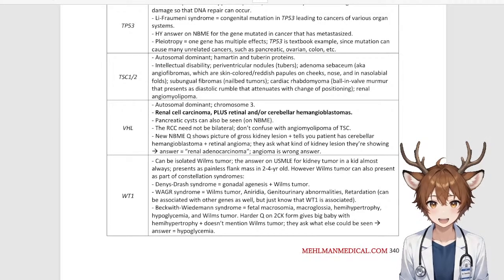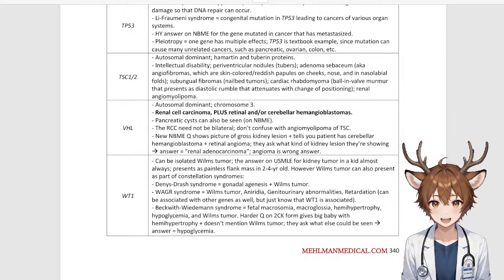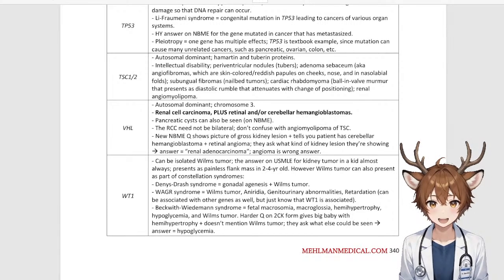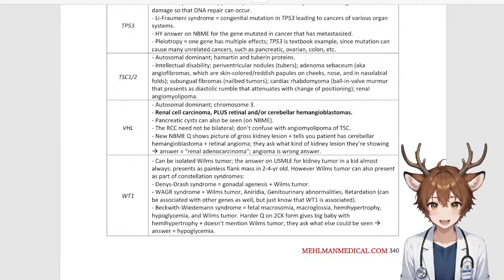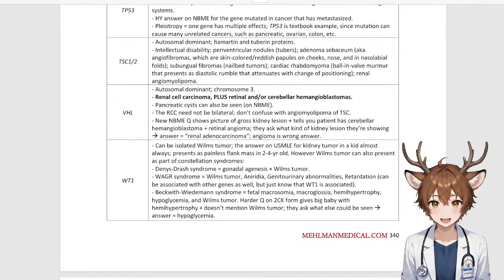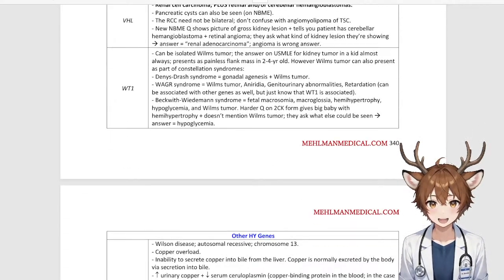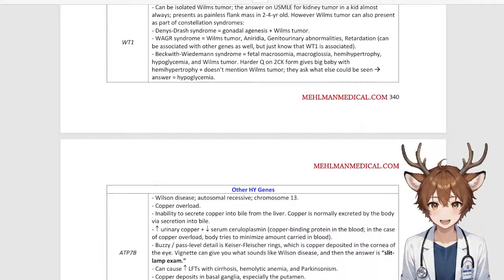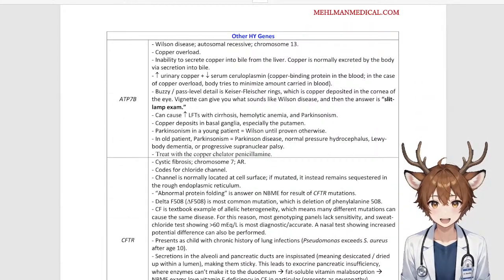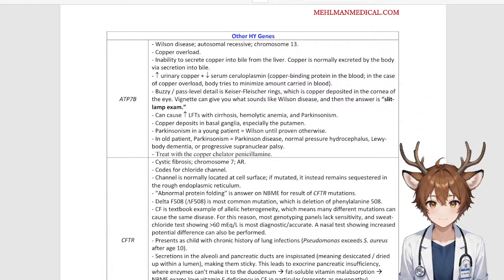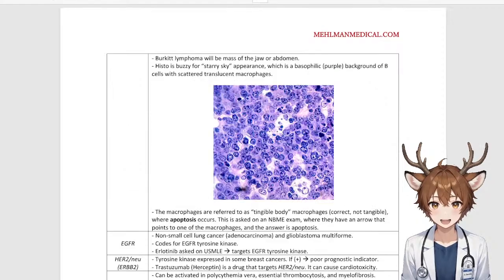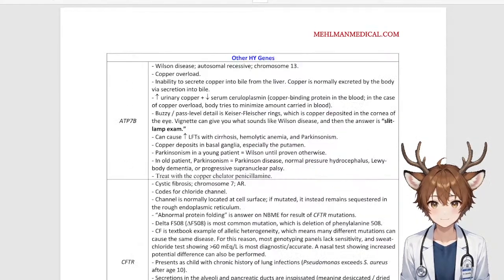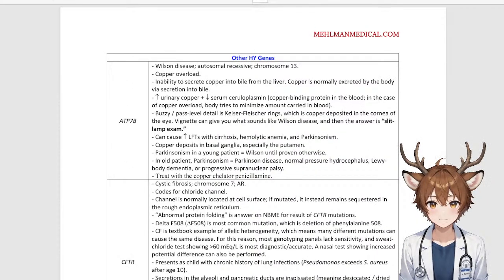So remember, TSC1, tuberous sclerosis complex. And what they're describing in the book here is kind of what that relates to. Von Hippel-Lindau syndrome, sort of a similar situation. Wilms tumor, similar situation. VHL, WT1, respectively. So bear that in mind. Also, we're on page 341 right now. We made a little bit of progress.